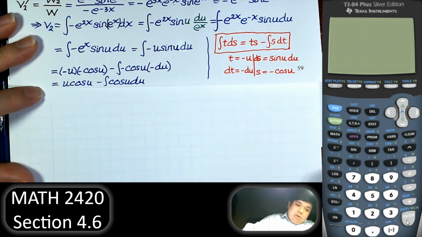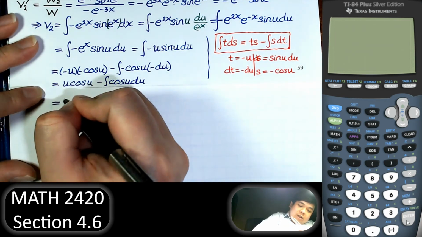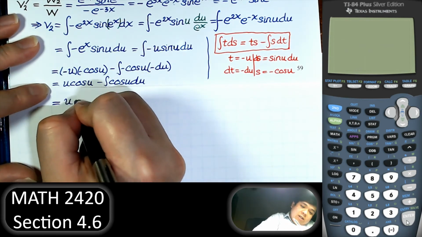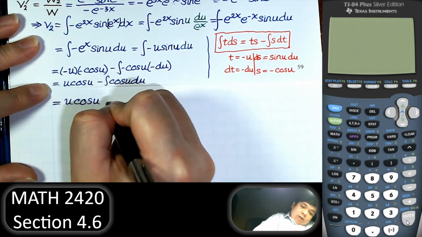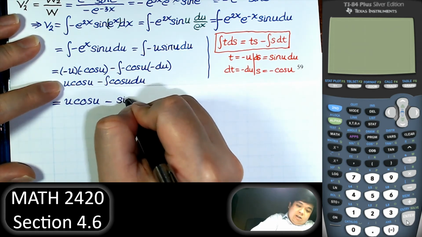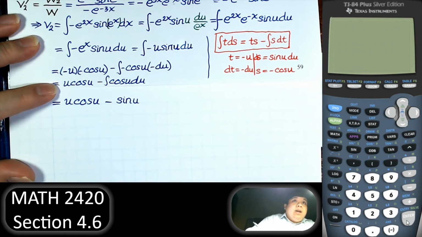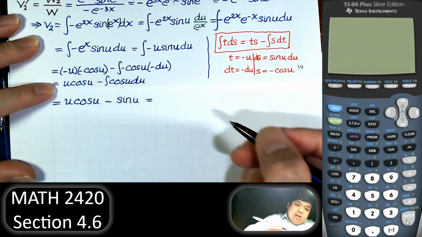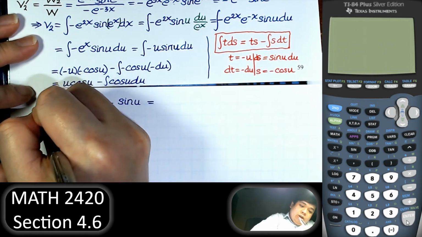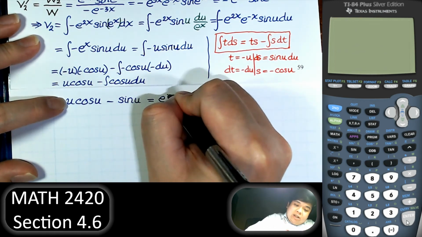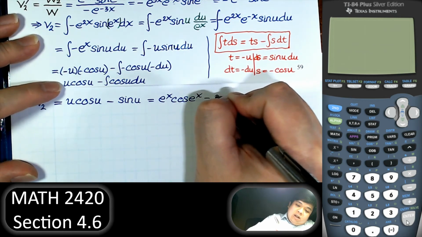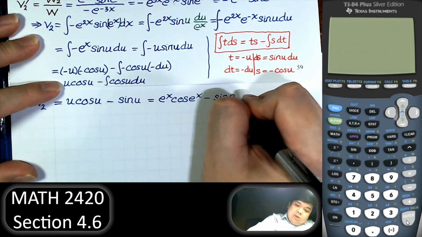Right, so we continue. u is e to the x, but let's just integrate first. u cosine of u minus the integral of cosine, which is sine. Now we'll rewrite this. This is v2. u is e to the x: e to the x cosine e to the x minus sine e to the x.